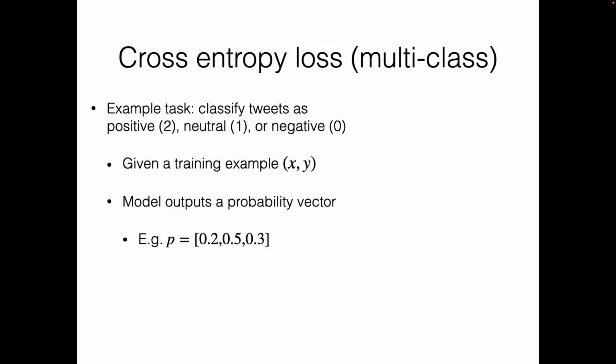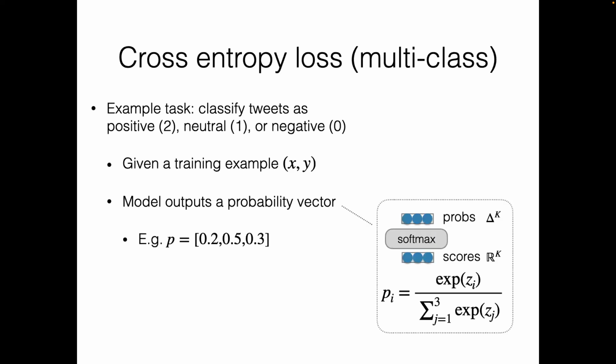So now our model will output this vector, and it'll be a probability vector. To be a probability vector, the sum has to be 1, and the numbers have to be individually non-negative. One way to do this is to take your scores and then use the softmax function.